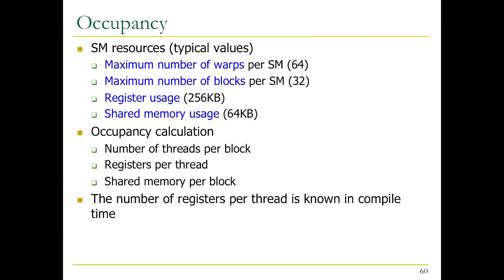So as you see, it's quite a simple calculation, but it's important to keep these numbers in mind in order to maximize as long as possible the occupancy, because this occupancy defines the available thread level parallelism or the warp level parallelism and defines the ability of the GPU to hide long latency operations as the global memory accesses are.